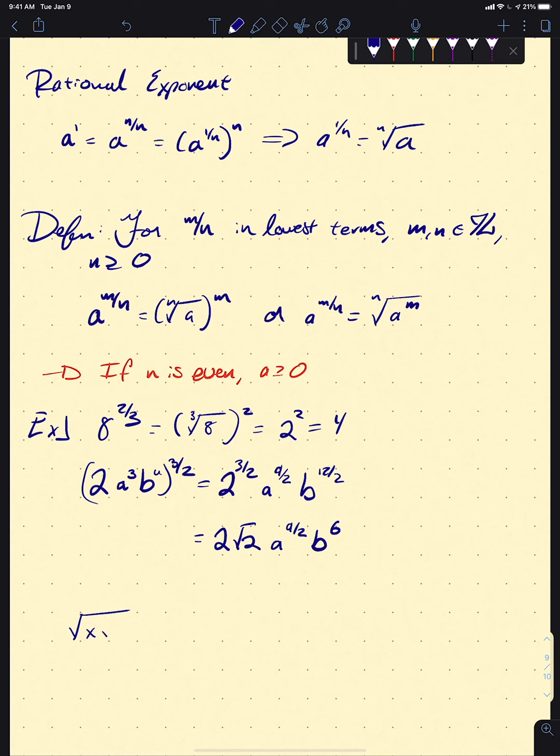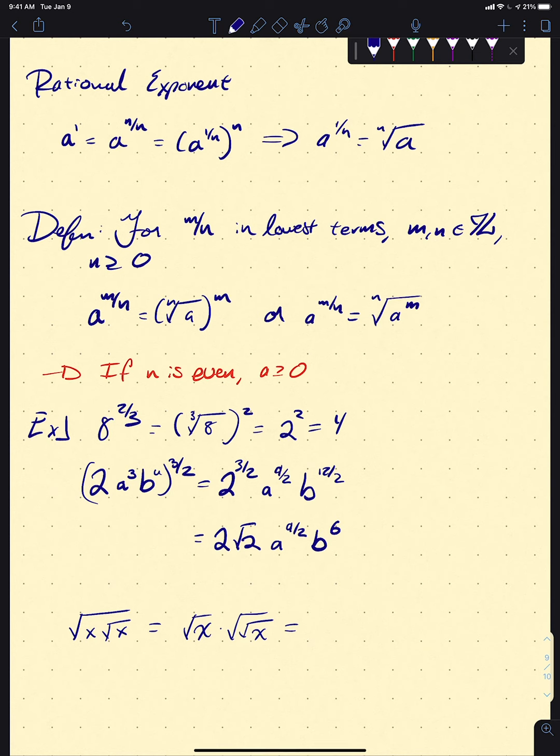Let's do one more of these. Let's say the square root of x times the square root of the square root of x. When we do this, we can break this up into two components, as we saw in our exponent rules.